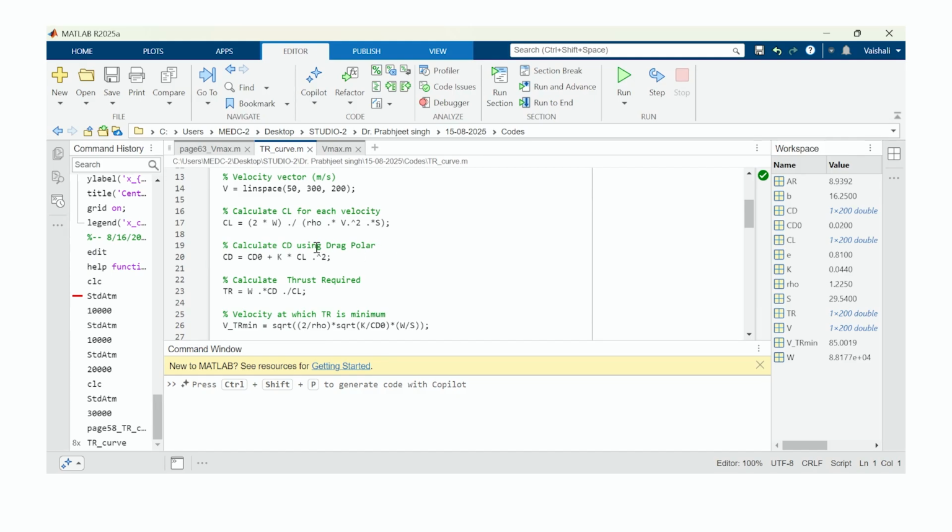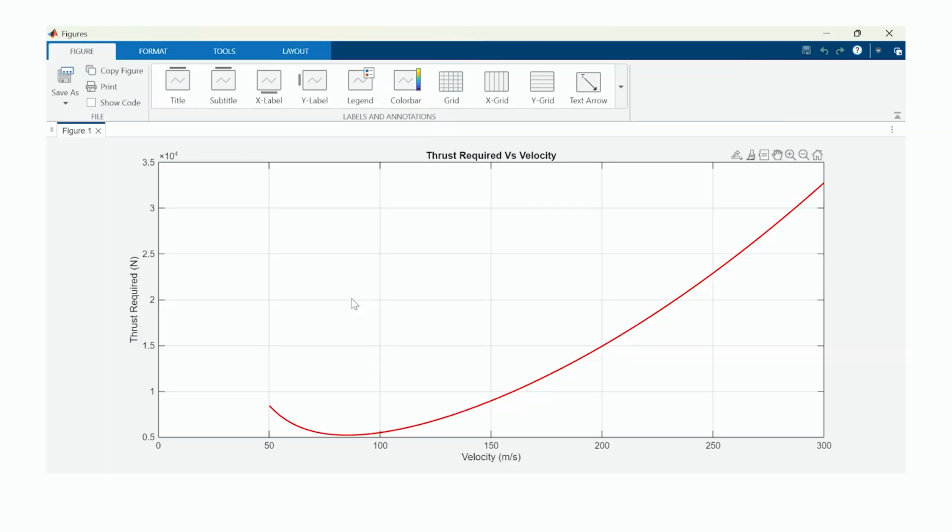So this was the code that we had written in the last lecture. Let me rerun this code, and this is the curve of thrust required with velocity. We were discussing that at the thrust available, which is around 32,485 newtons, let me hover around here.